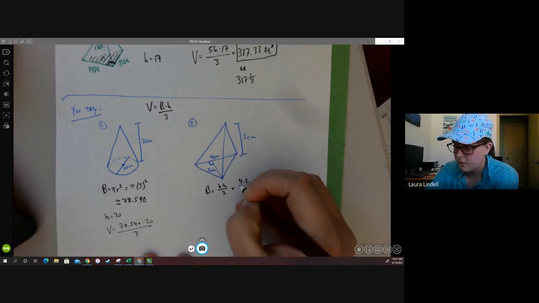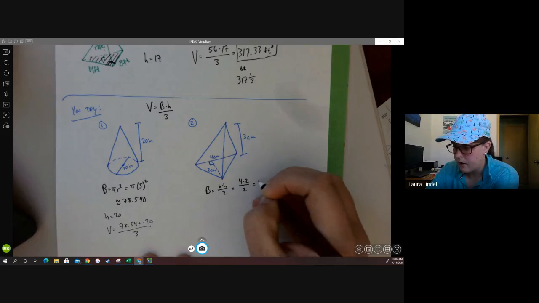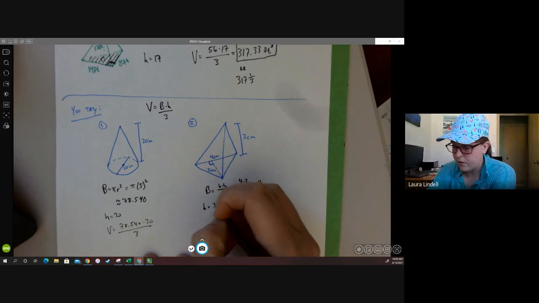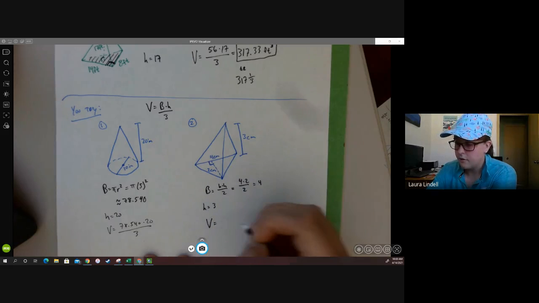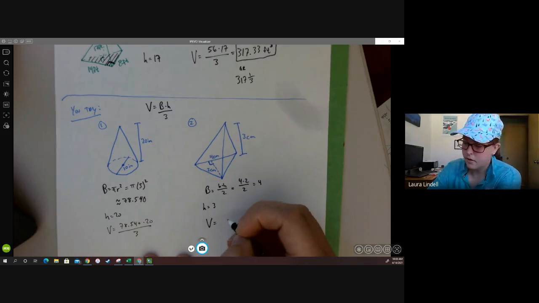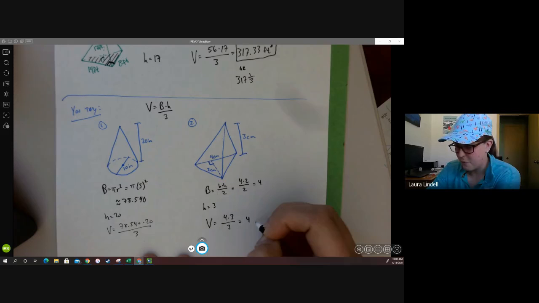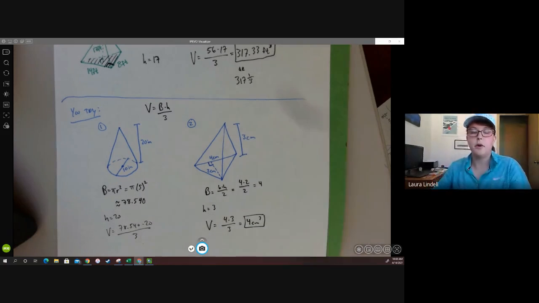So 4 times 2 divided by 2, which is just 4. Then the overall height was 3. So the volume formula we set up, 4 times 3 divided by 3, which again is just 4. So if you got 4 for the second one, you are correct.